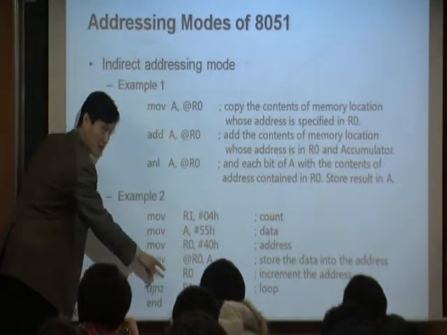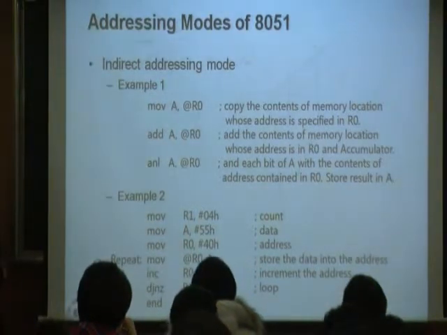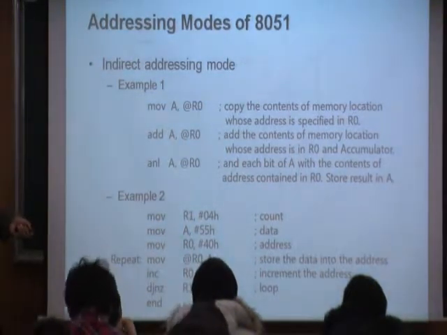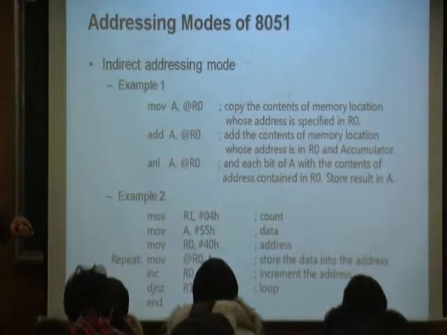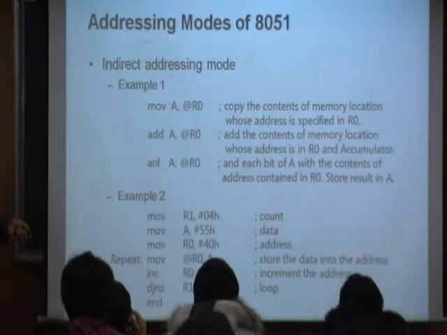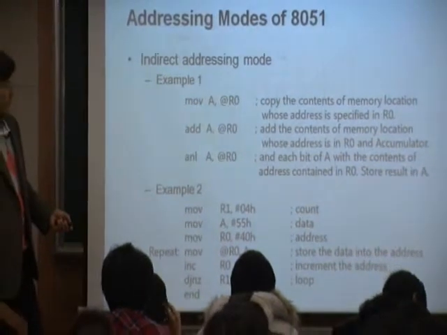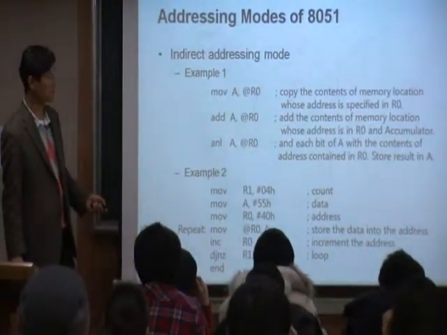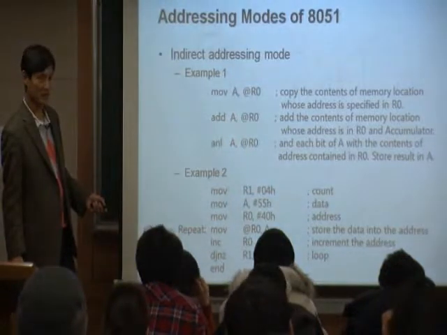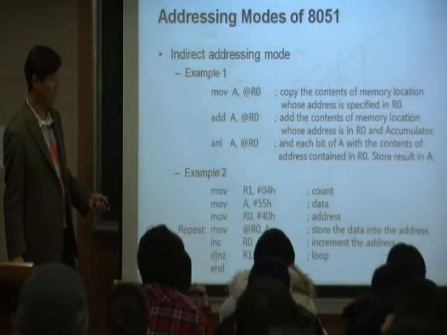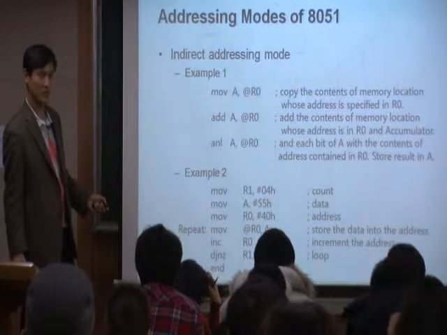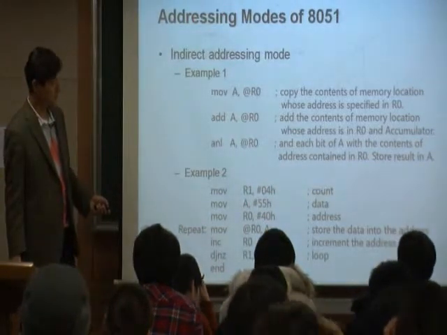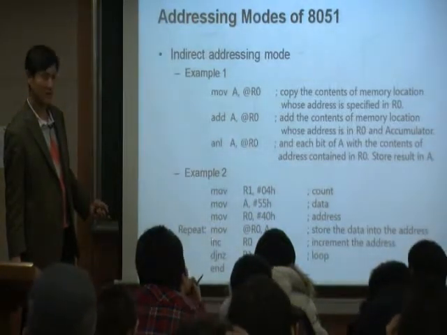Then what happened? You execute this again, then what happened? The value in A has never been changed. We have the same value A here. And the value is going to be 55. We still have the same value. But you see that we incremented R0.